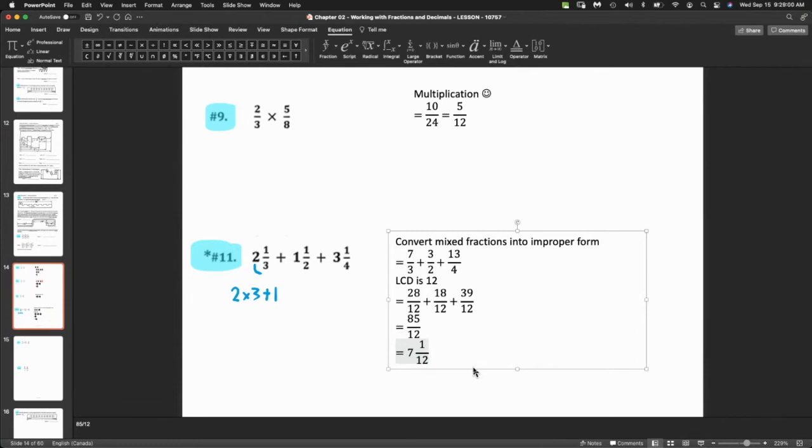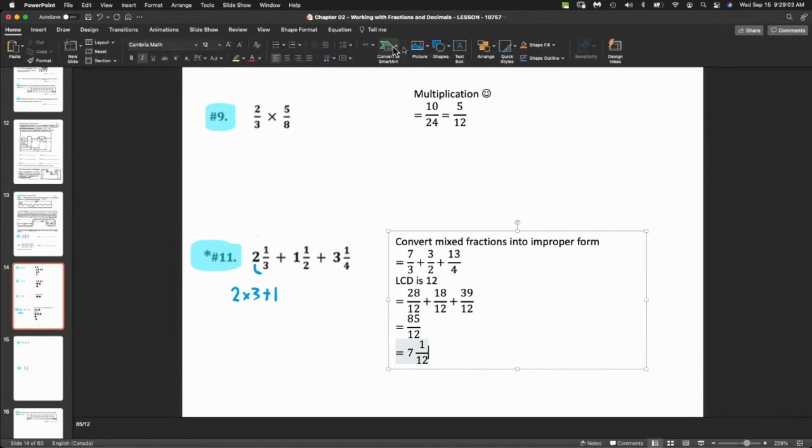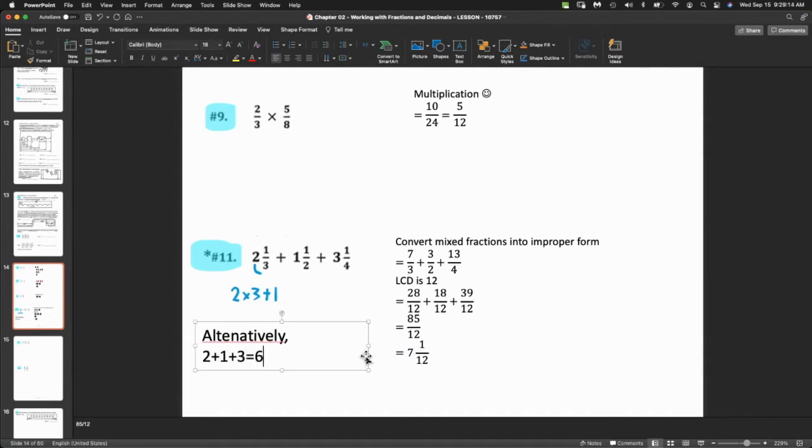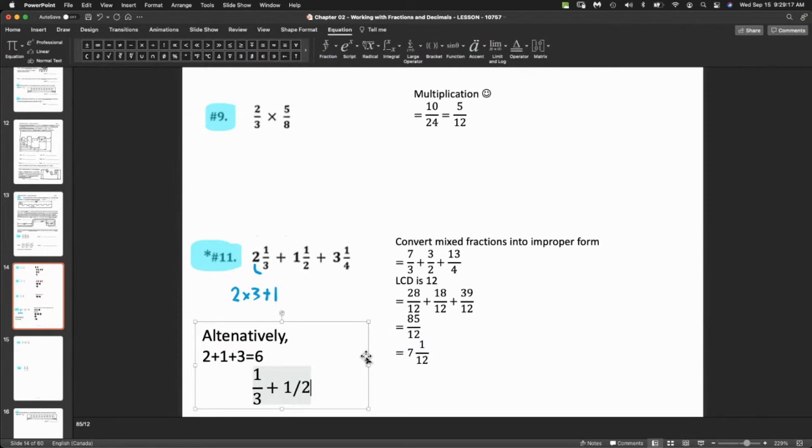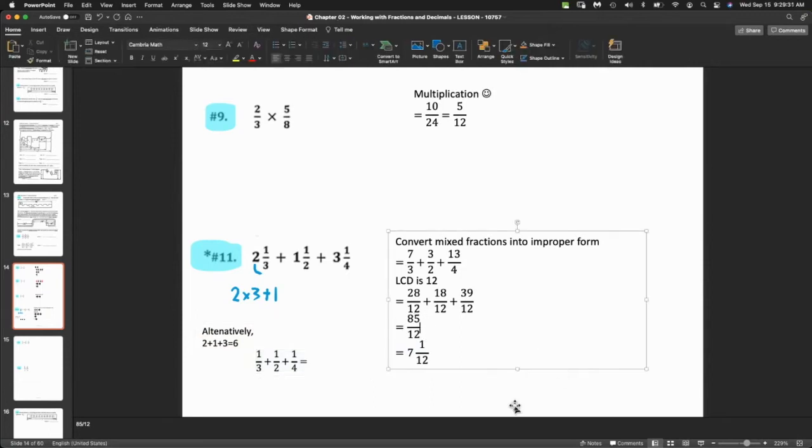Okay. So the alternative to this question, if you don't want to answer it the way that I showed you, you can do it differently. An alternative way is to just do 2 plus 1 plus 3, which is 6, and then do a third plus a half plus a quarter. For the whole number 7, I did 85 divided by 12. I'm using the following statement, Nikolaos: I know that 7 times 12 plus 1 is 85.